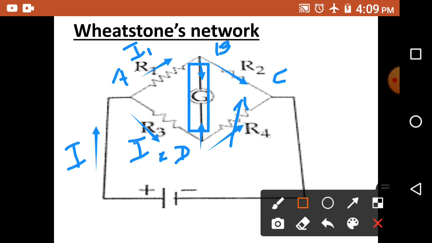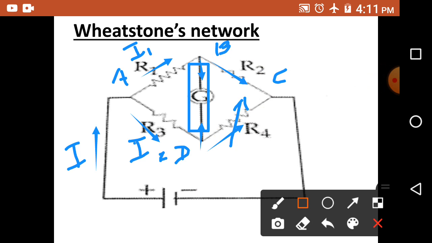The direction of the current through the galvanometer is decided by the potentials at point B and D. The current will always flow from a point at higher potential to a lower potential. The potentials of point B and D are decided by the values of R1, R2, R3 and R4. Now R4 being a variable resistance is to be so adjusted that the galvanometer shows zero deflection.